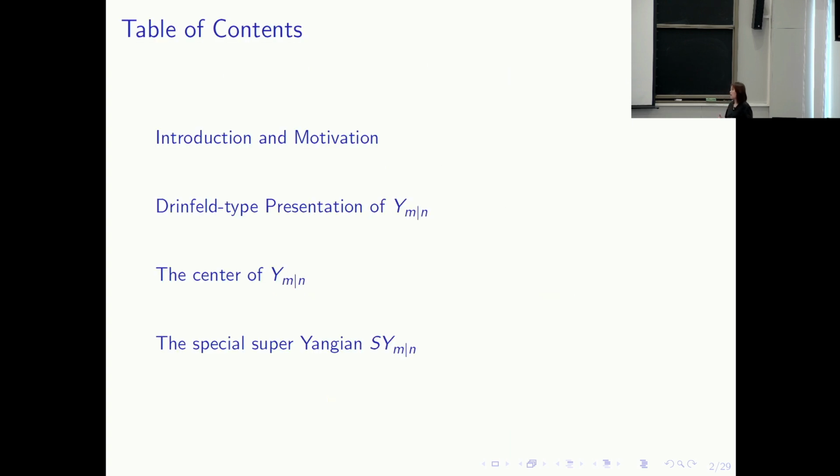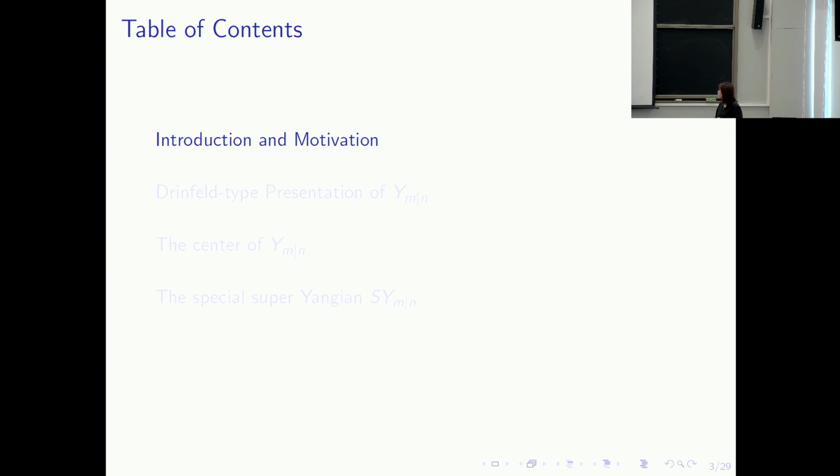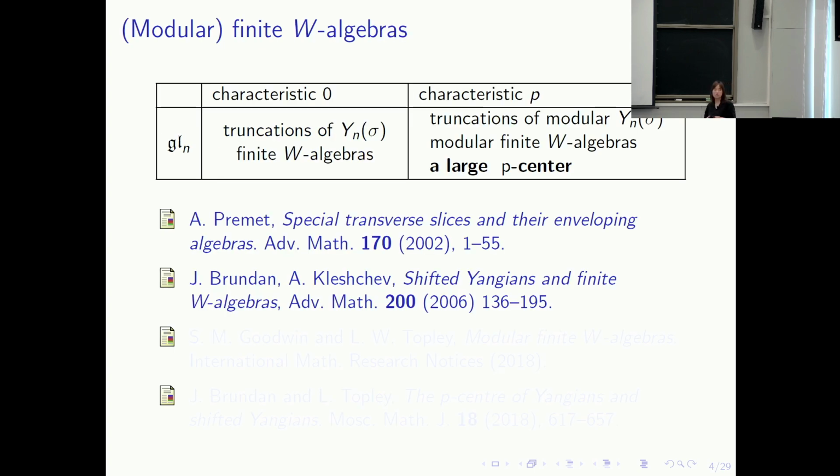So there are 4 parts in my talk. Firstly, I want to talk about some background and our motivations. For each finite dimensional Lie algebra, the corresponding Yangian is defined by Drinfeld, which is a canonical deformation of the universal enveloping algebra of GLMN.